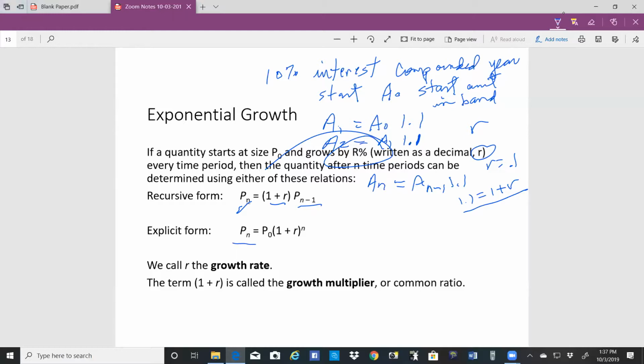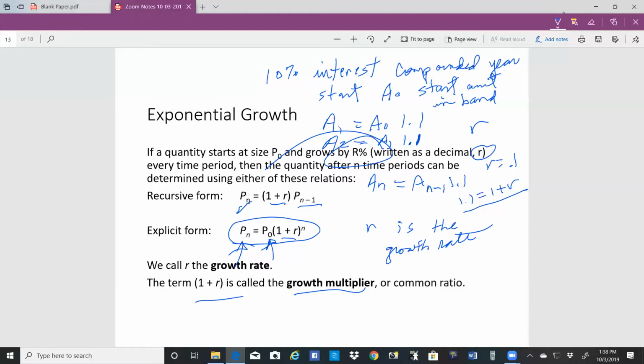But then the explicit form, which you've already seen, is the amount you have in any time period is equal to what you had at the start, A0, times 1 plus r to the n. r is the growth rate. And then 1 plus r is called the growth multiplier.